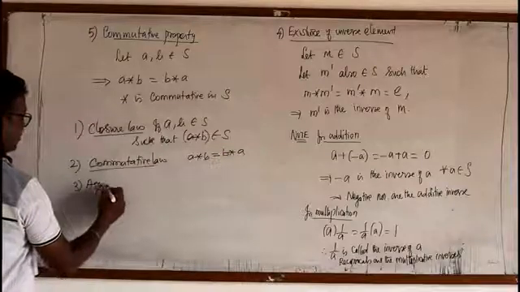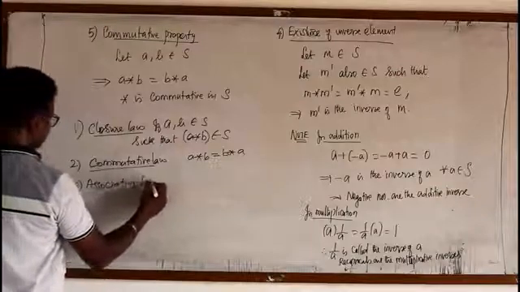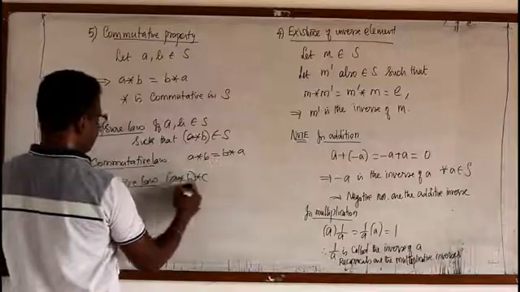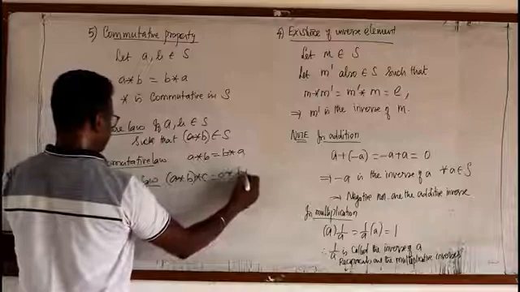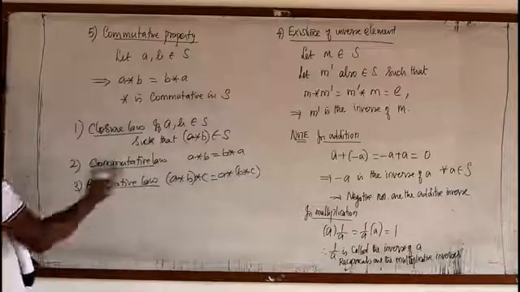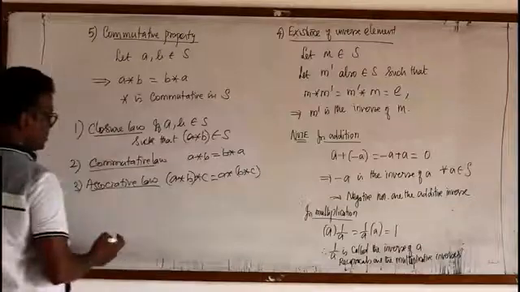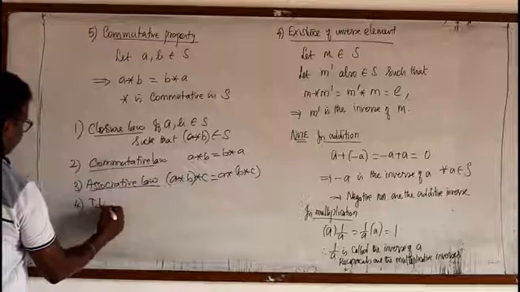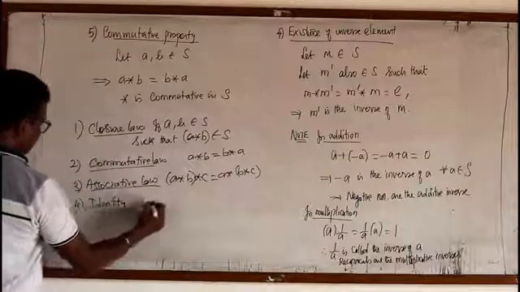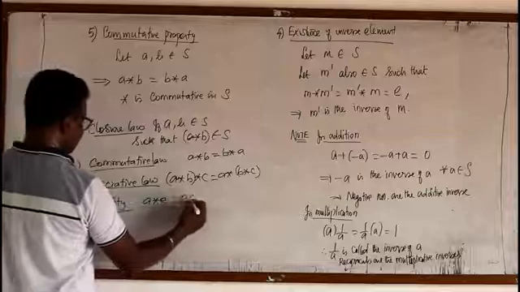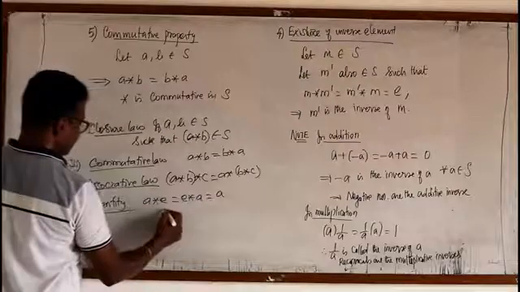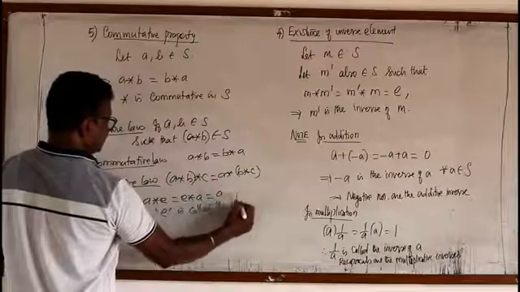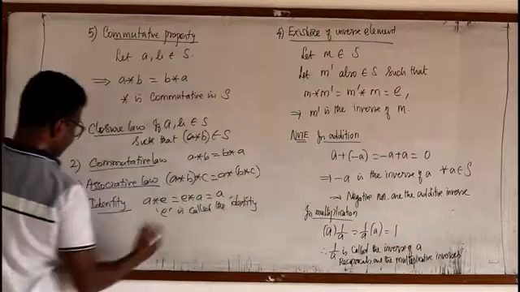Then the associative law. Associative law means I need three elements: A star B star C equals A star B star C, that is, if I regroup the operations then we say it is the associative law. Then the existence of identity. Identity means either A star E or E star A equals A. Then E is called the identity element for the set itself.